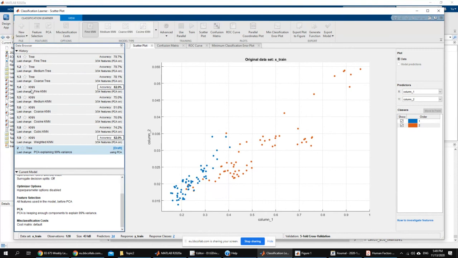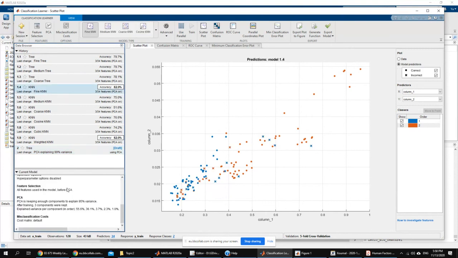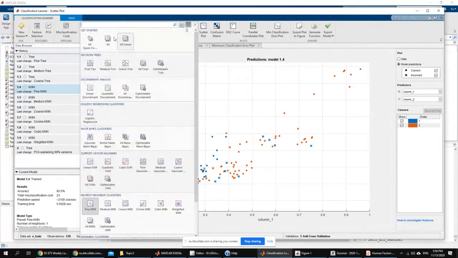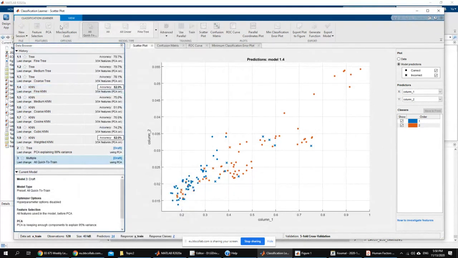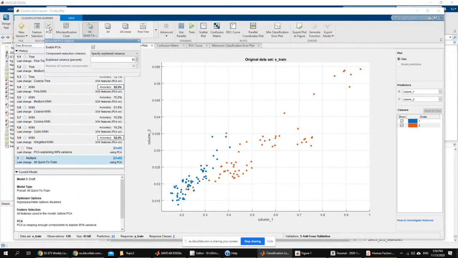The other ones here, the PCA actually kept three components. It basically changed the dimensions from 34 to 3, which is really a big reduction. So instead of doing that, I'm just going to choose all, and then for that particular one, I'm going to change that here to 99%.